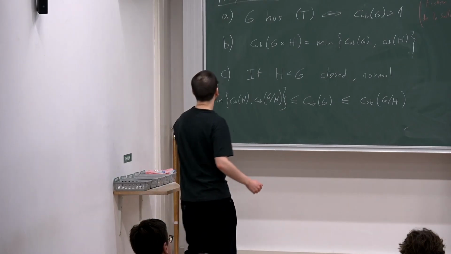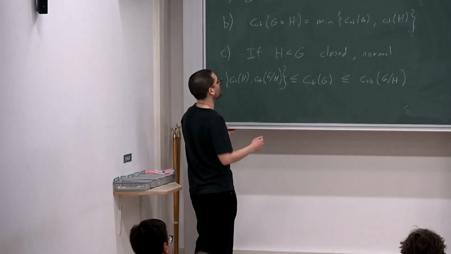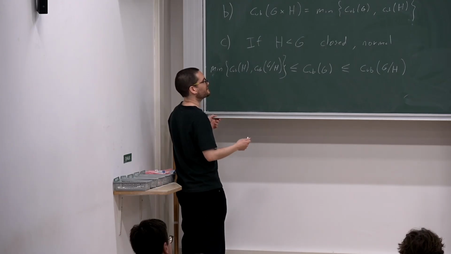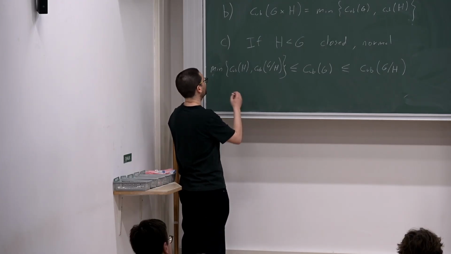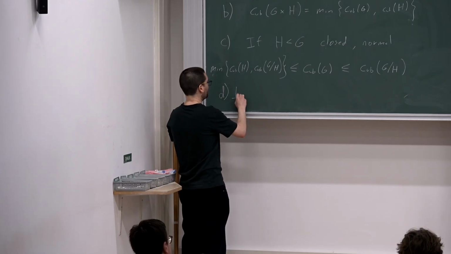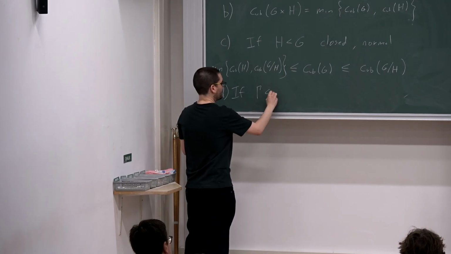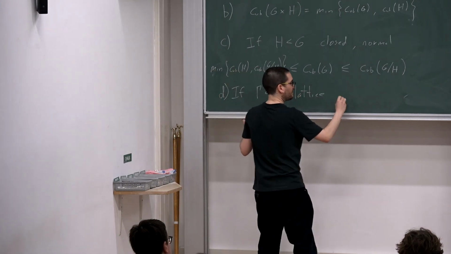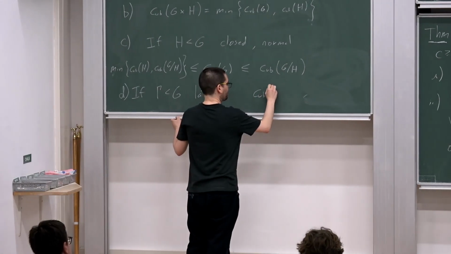And the last one that I wanted to mention is that, as with classical property T, it behaves well with respect to lattices. So if we have Gamma a lattice, then they have the same constant.